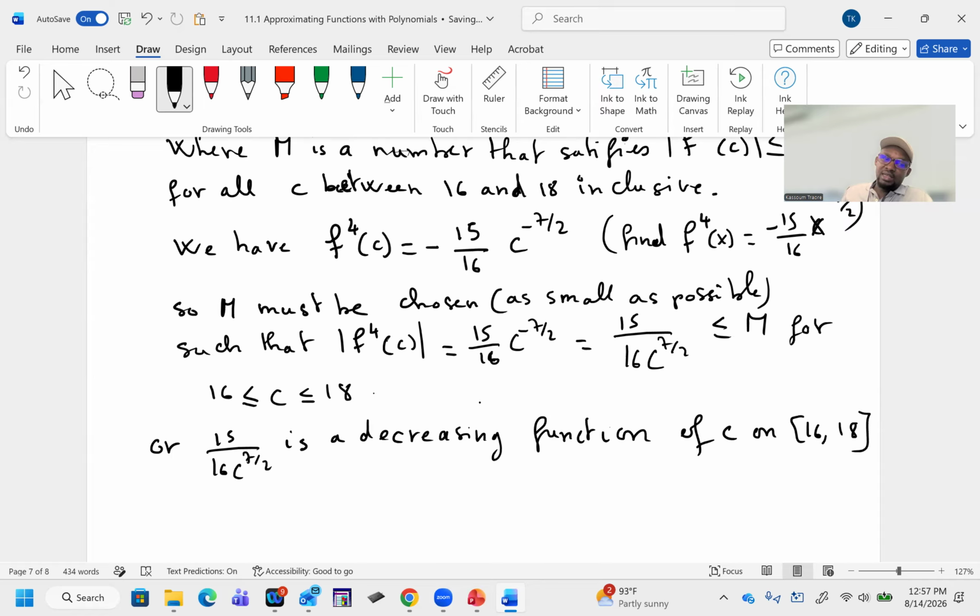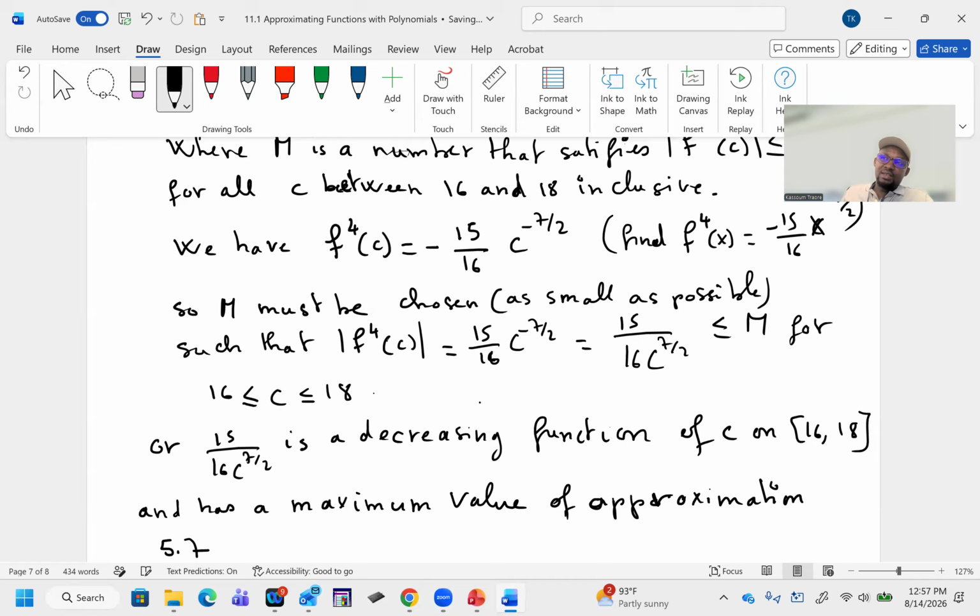And if you use your Calculus 1, you will see it has a maximum value of approximately 5.7 times 10 to the power of negative 5 at c equal to 16. It's because when c is equal to 16, that's when you have a maximum.